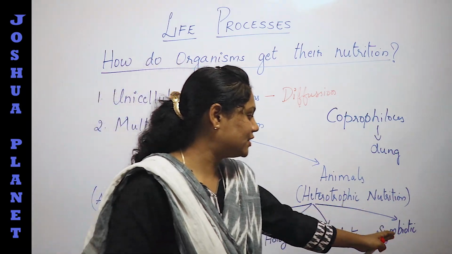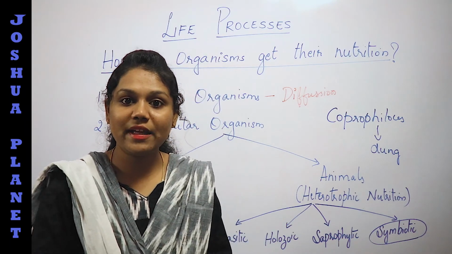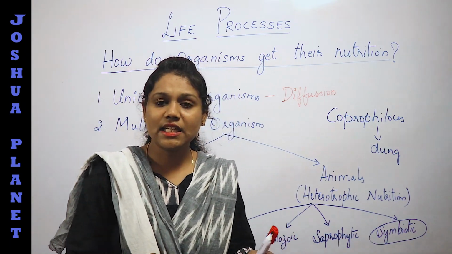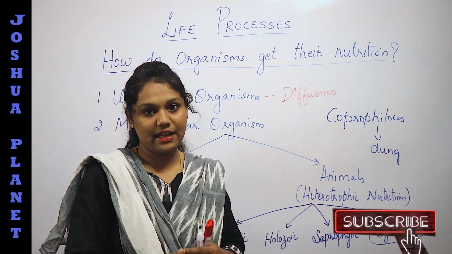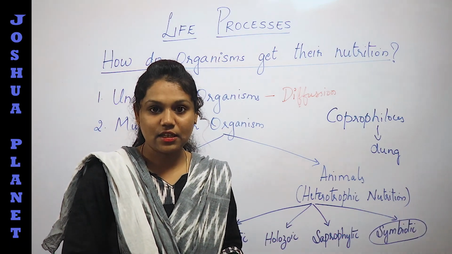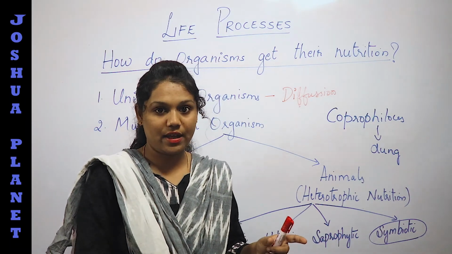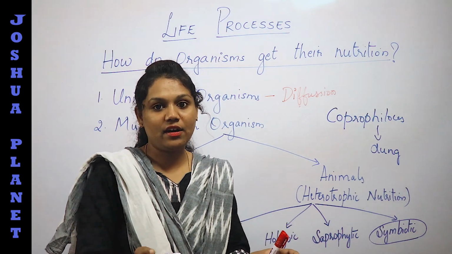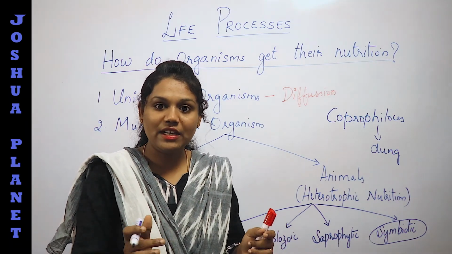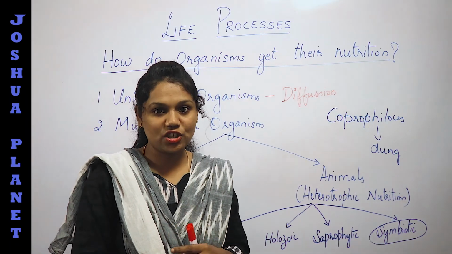Then you have the next one, called symbiotic organisms. What do you mean by the word symbiotic? It is nothing but mutual understanding. You know lichens, right? Lichen is an association of algae and fungi. Both of them live together so that both are benefited from each other.